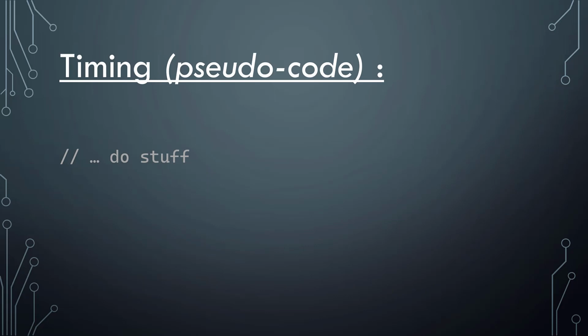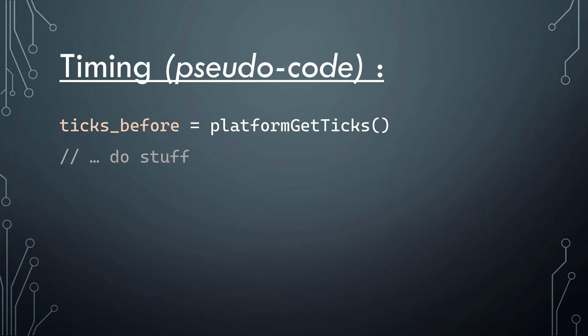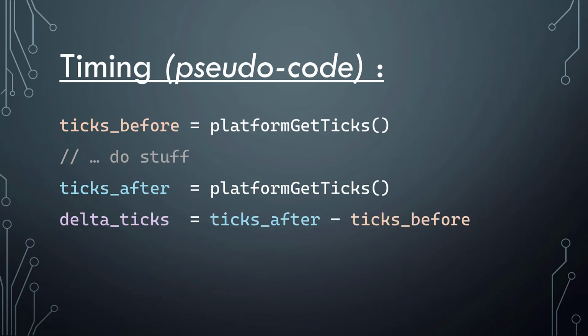Say we have some code, and this is going to be pseudocode. It doesn't matter which programming language you're using. Usually we measure how many ticks there are before and how many ticks after, using whatever platform-specific way we get from the platform. We can have some abstraction layer over that, and that's just the amount of ticks.